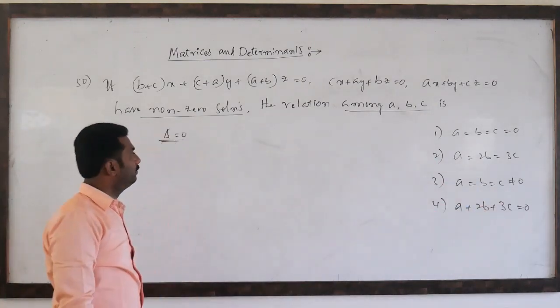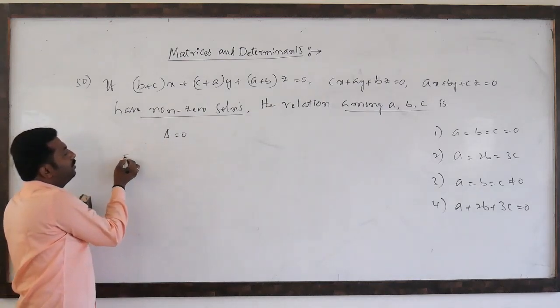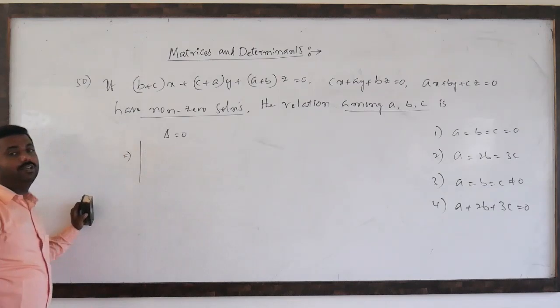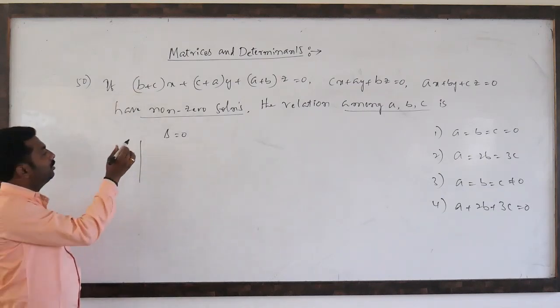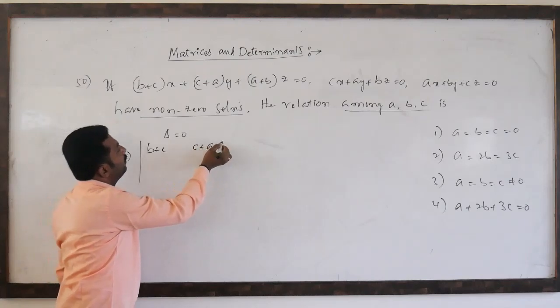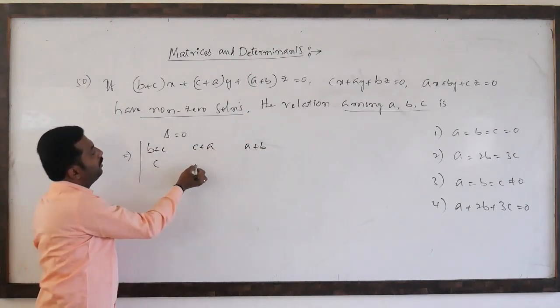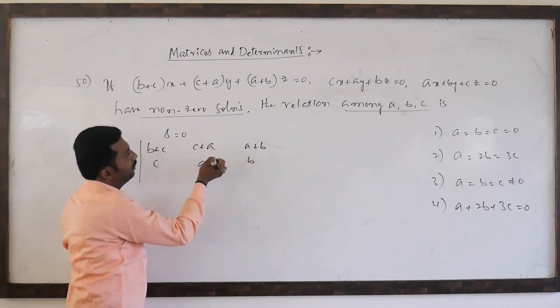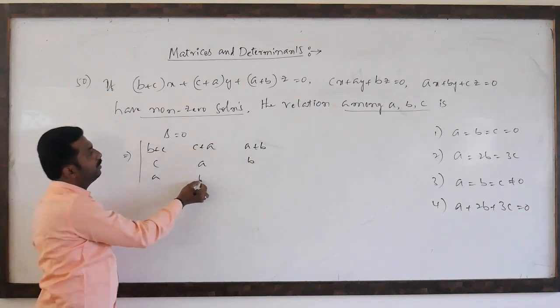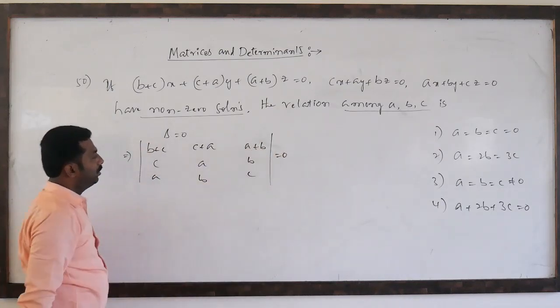So the coefficient matrix determinant is equal to 0: first row b plus c, c plus a, a plus b; second row c, a, b; third row a, b, c.